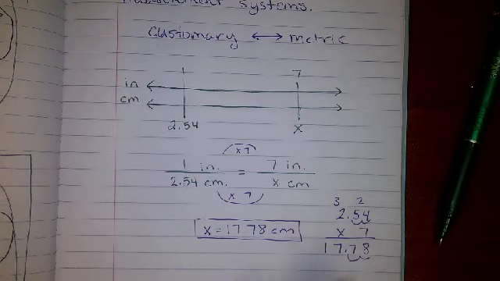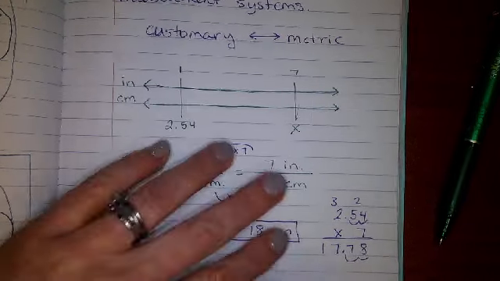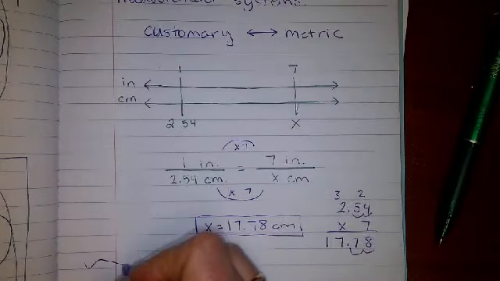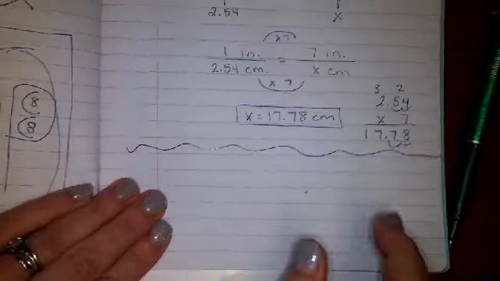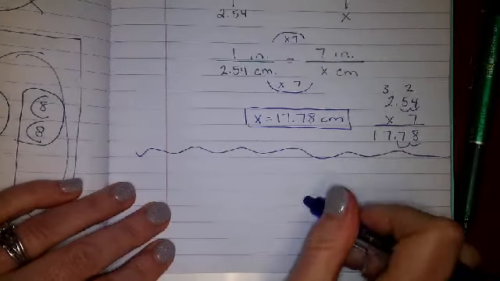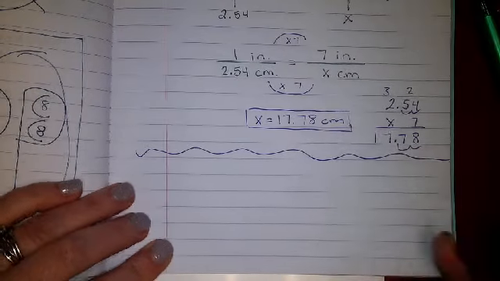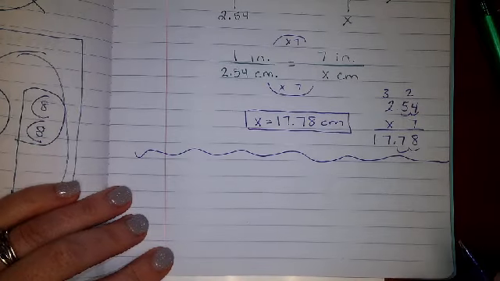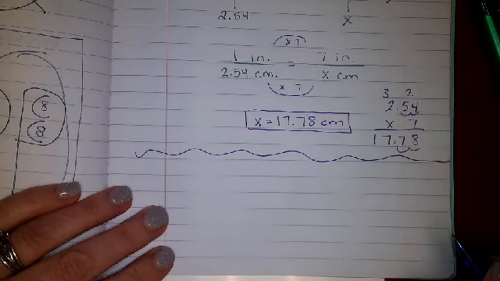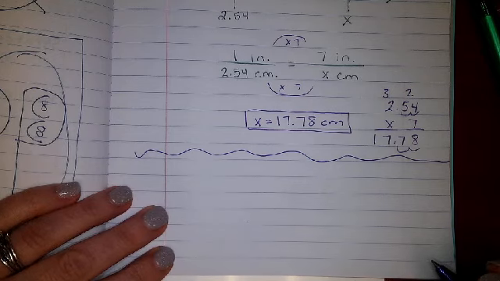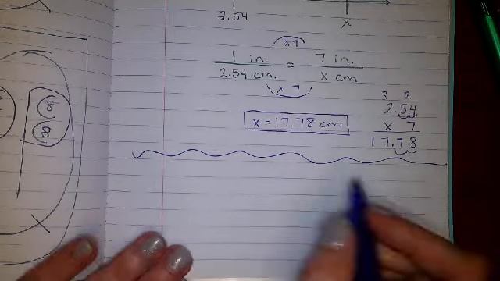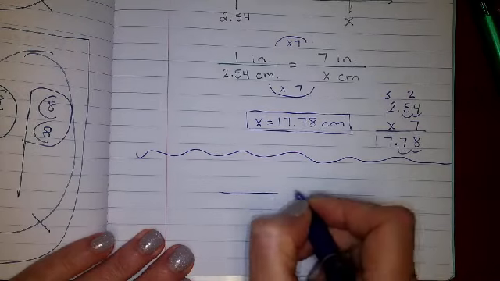Let's do one more example. I'm going to do it right here. Let's say that I am driving in Canada, where they use the metric system, and I'm driving 60 miles an hour, and I want to know how fast I'm going in kilometers, because the speed limit's all in kilometers, so I have no idea how fast I'm driving.